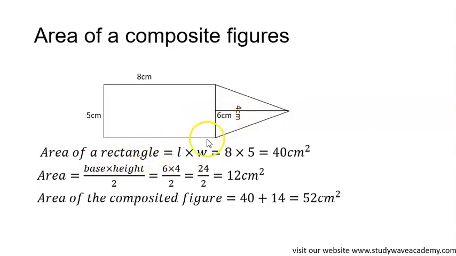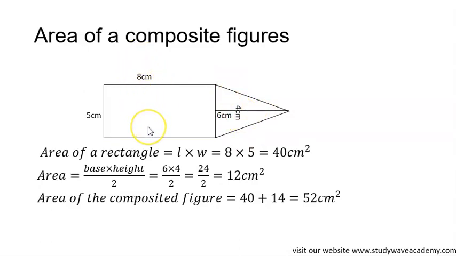So the base is 6, you put down 6, times the height, which is 4, over 2. 6 times 4 is going to give you 24 over 2. 2 can go into 24 without a remainder, so we divide. 2 into 2 is 1, 2 into 24 is 12. So we have 12 centimeters squared. So the area of this triangle is 12 centimeters squared.